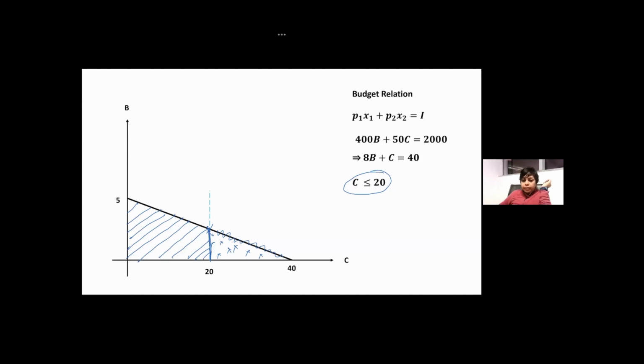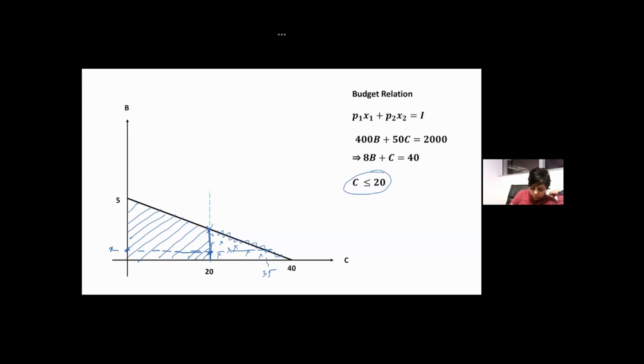Why is that? Suppose she wants to consume only this much number of books, some X value of books. At this value of books, she could have consumed, say, 35 cups of coffee. Now, even if she reduces it to this value X, the maximum she can consume is still 20 coffee. She cannot consume 35.